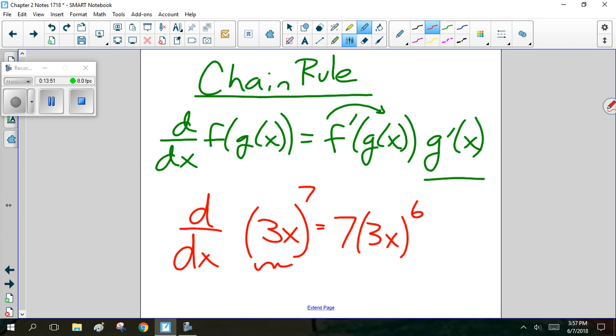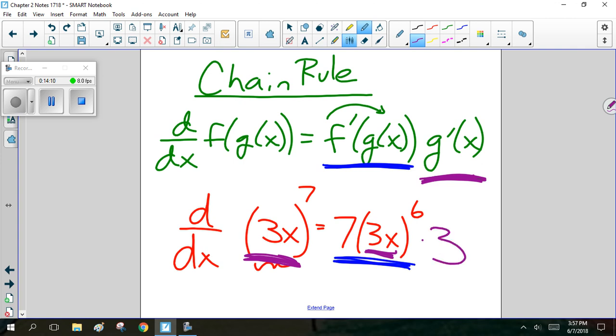That's this part. But now I need the derivative of the inside, to get this thing here. The derivative of 3x is just 3. So that is that.